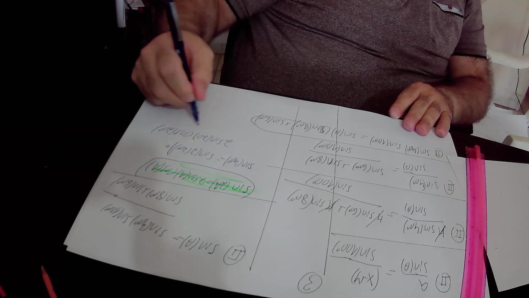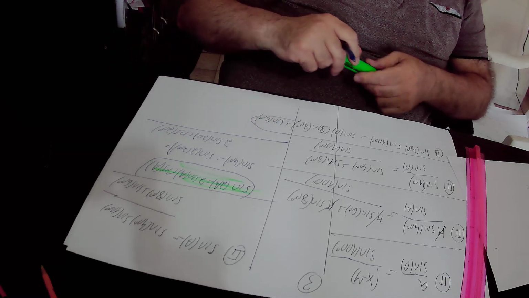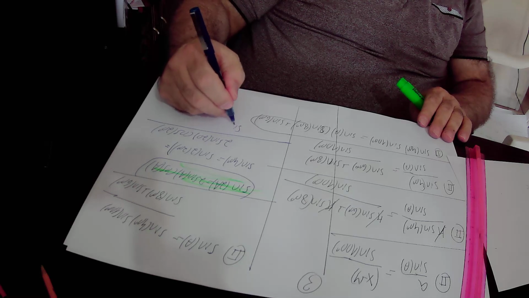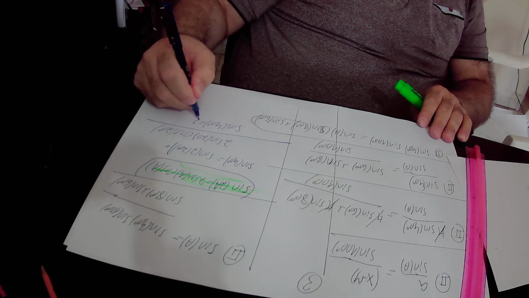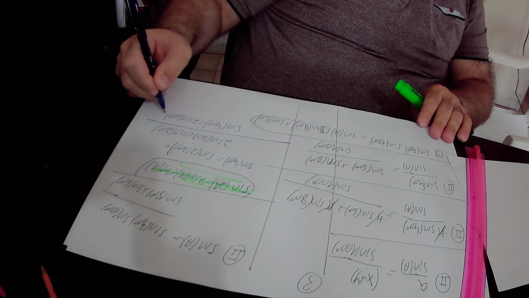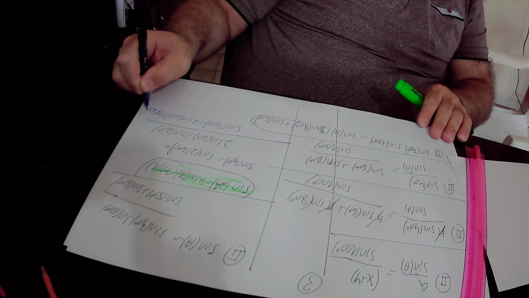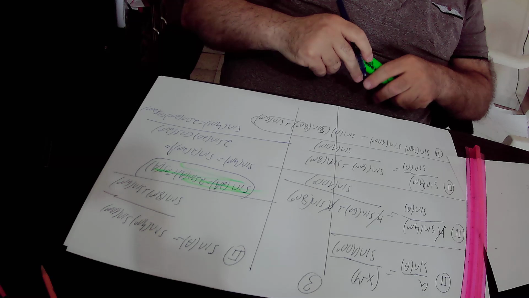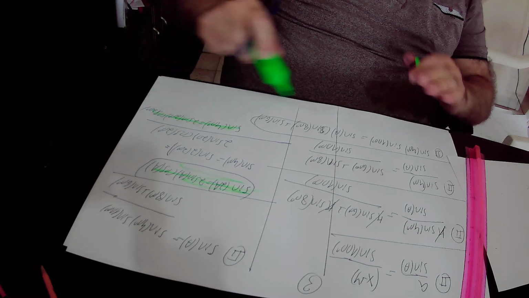Therefore, we can substitute sine 40 degrees by 2 times sine 20 degrees times cosine 20 degrees.